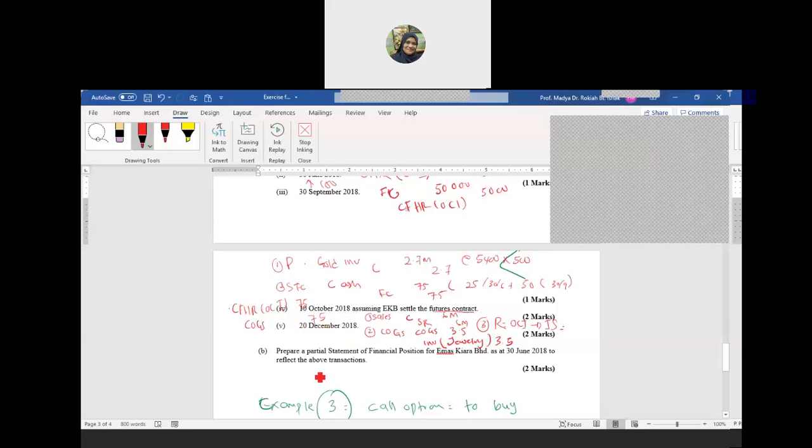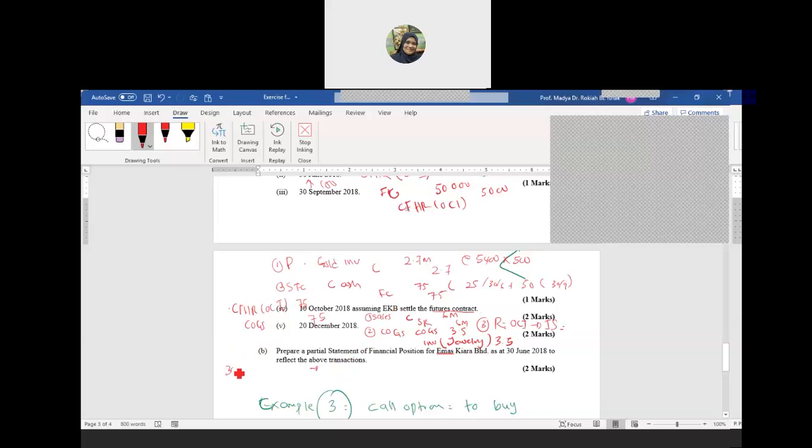The last part for these questions: prepare the statement of financial position. What do you have here? What is the journal entry that you have up to 30 June?